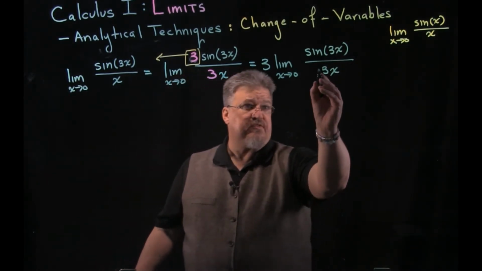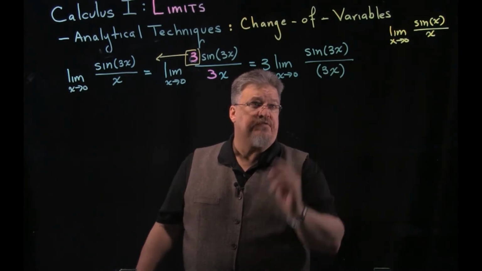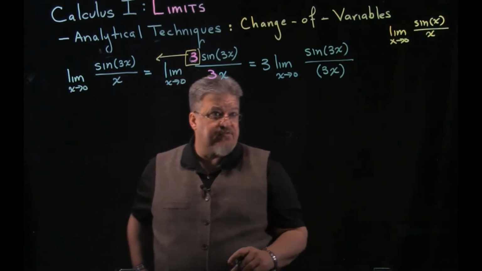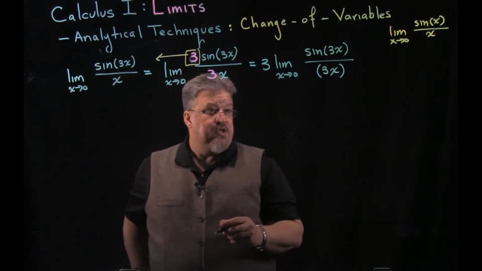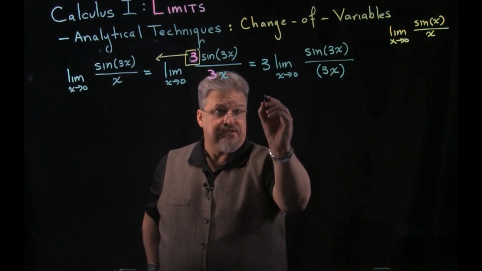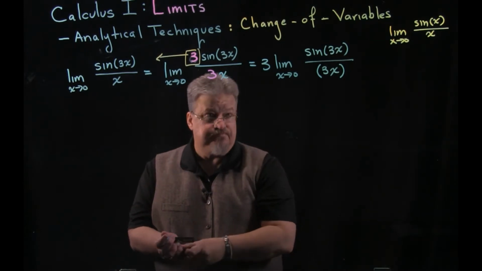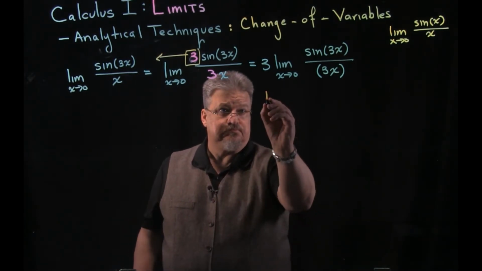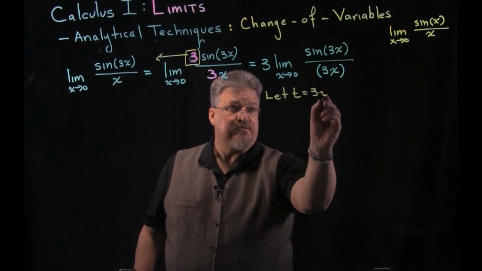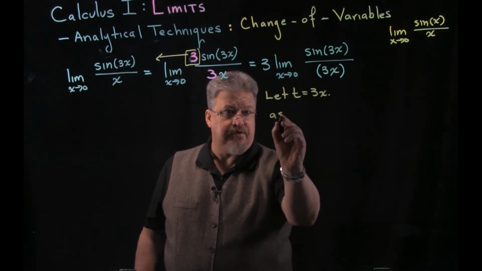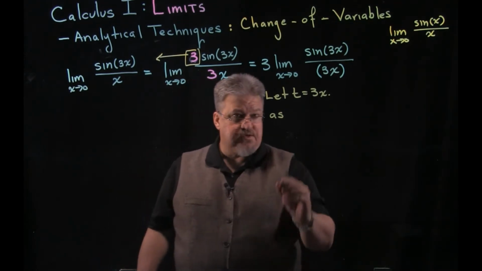Because what we see now is an argument of 3x as an inside function to this function, sine x over x. So to illustrate this, let's change variables. Let t equal 3x. Now we need to figure out where t is going as x goes to 0.